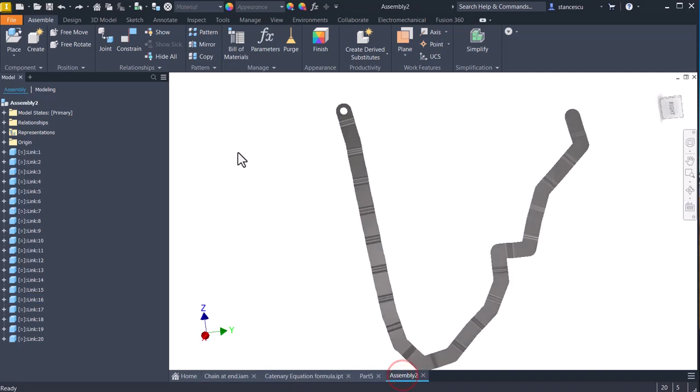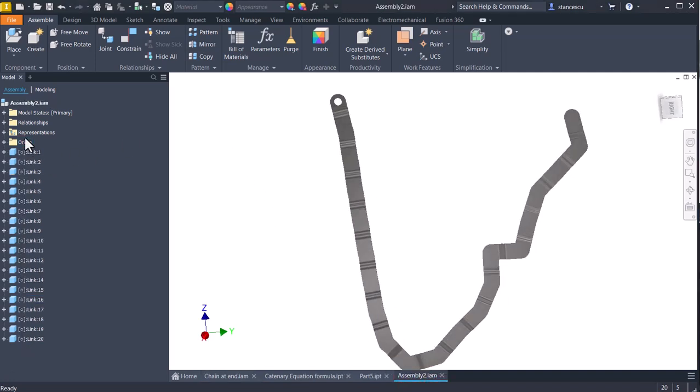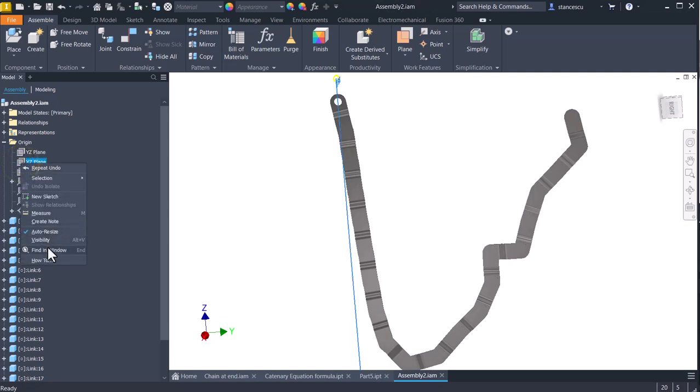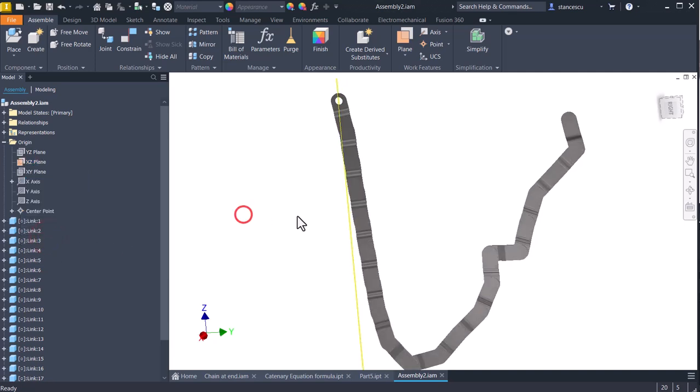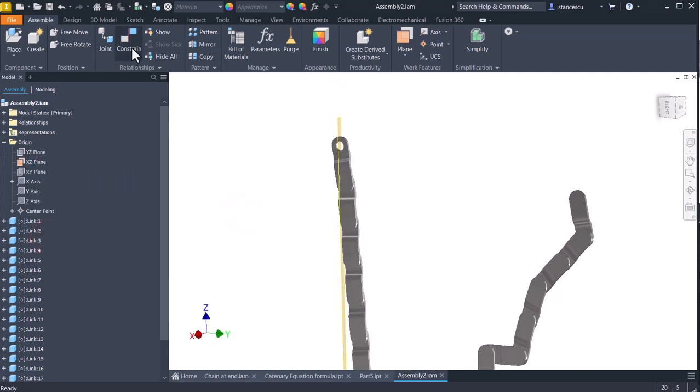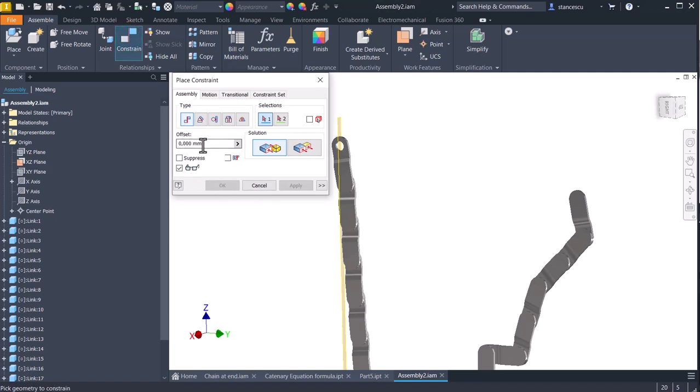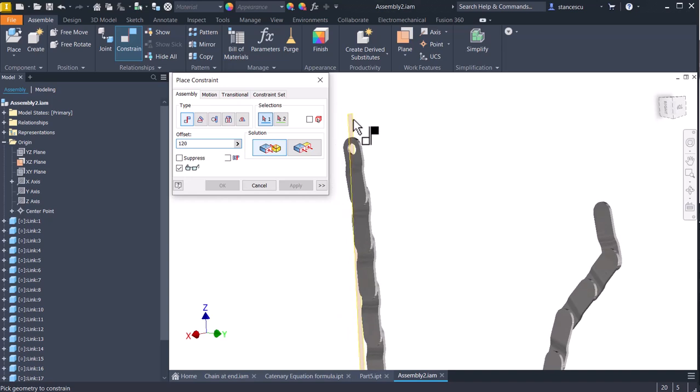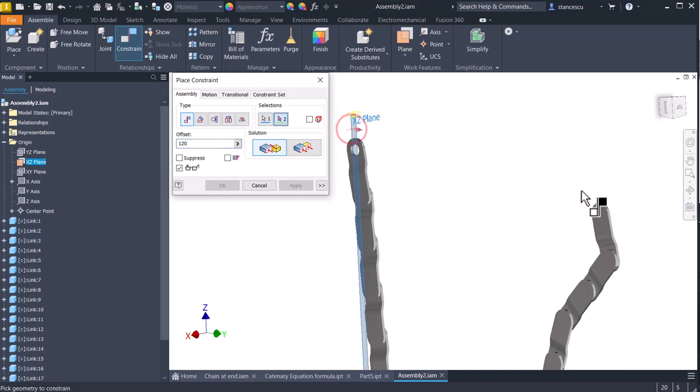Let's do this. We develop the object origin from the browser and we make visible this plane. Now I apply constraint of 120 between this plane and this point.